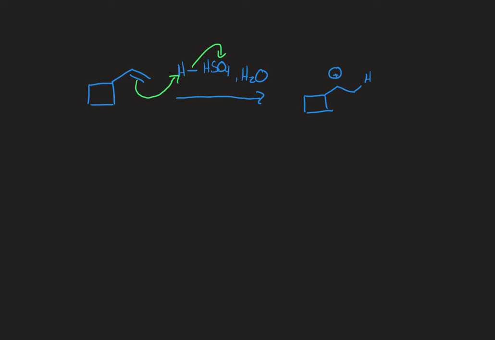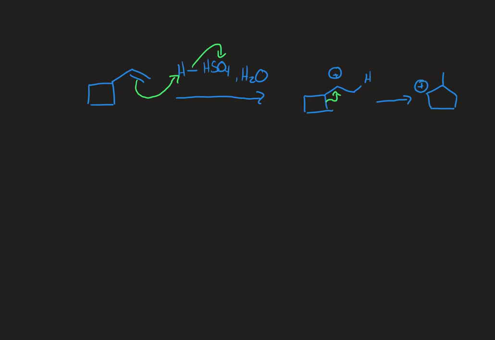Unlike last time, this carbocation can do rearrangement, and so I'm going to do a ring expansion here to give me a 5-member ring, and my positive charge is going to move to that secondary position.